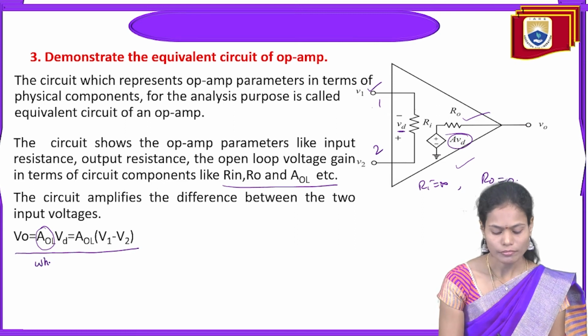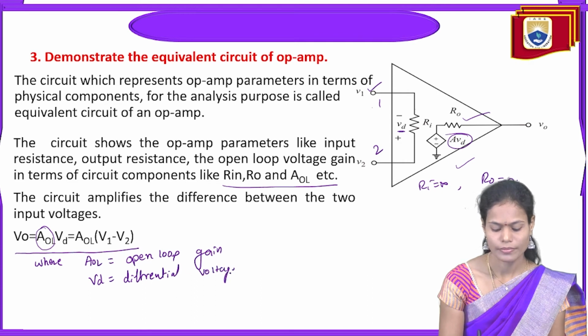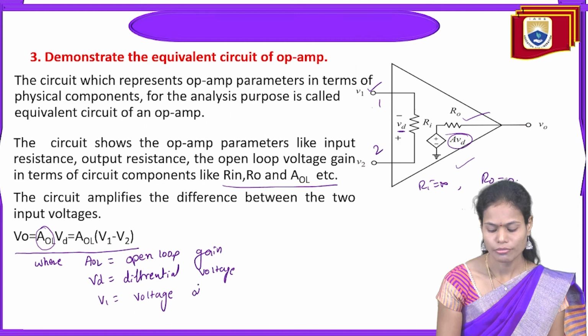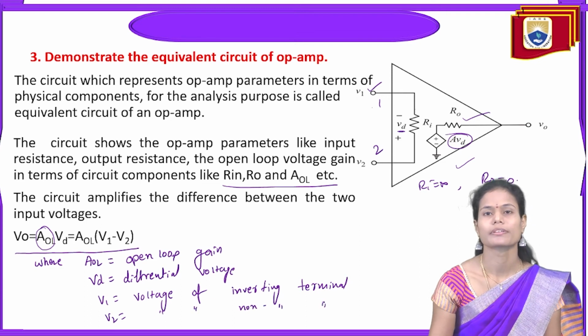Where AOL is nothing but the open loop gain of the operational amplifier, VD is the differential voltage, V1 is the voltage of the inverting terminal, and V2 is the voltage of the non-inverting terminal.